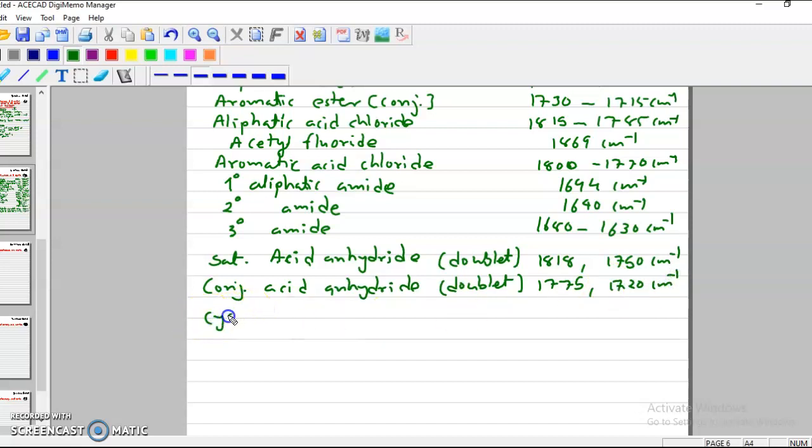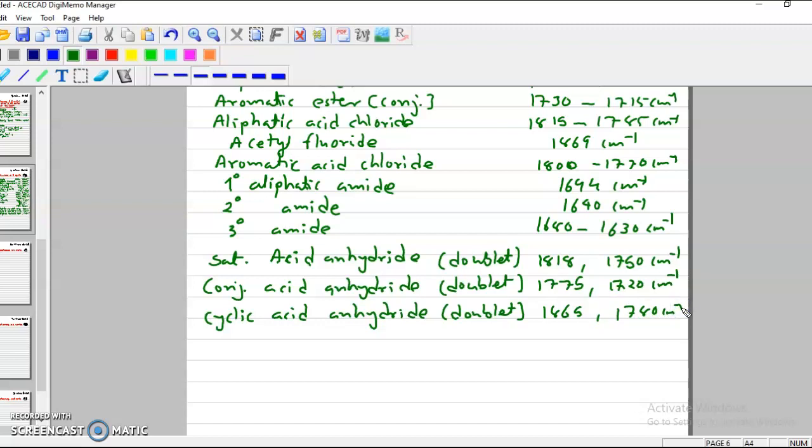For cyclic acid anhydride like phthalic anhydride, again a doublet appears, that means two bands, one at 1865 and another at 1780 cm⁻¹.